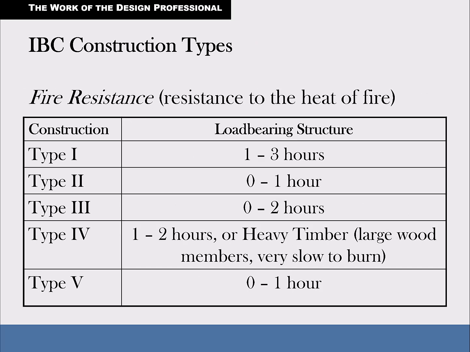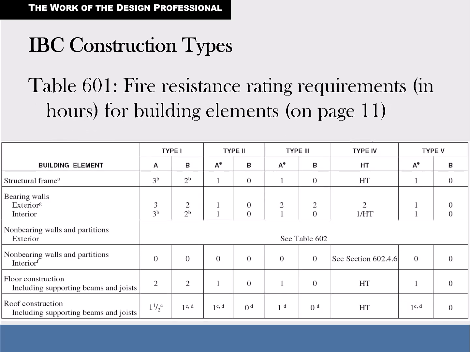So there's a certain burn rating for the construction and stuff in here, but I don't need to get into that too much. There are limitations in the commercial building codes on how many square feet you can have per floor of a building, unless you do certain things.